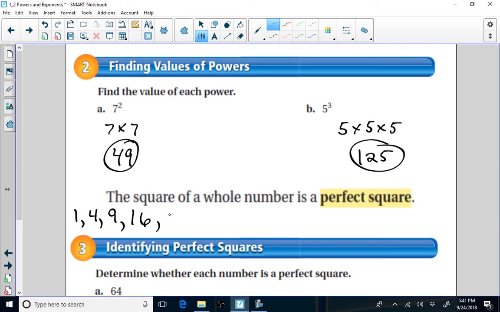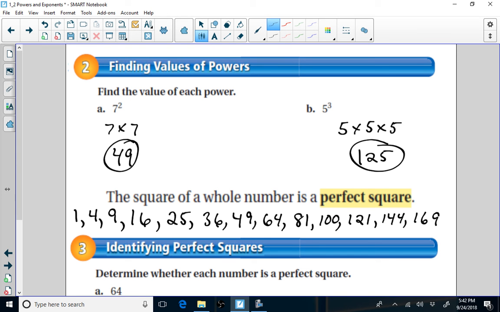Your next perfect square number would be 25, then 36, then 49, 64, 81, 100, 121, 144, 169 for 13 times 13. 14 times 14 is 196, and 15 times 15 is 225.